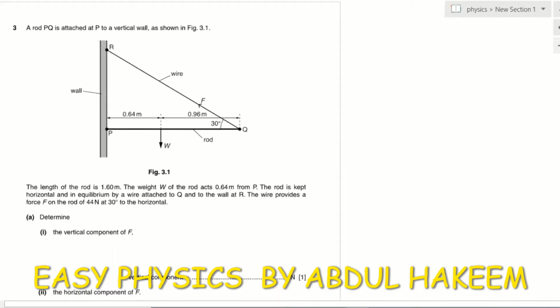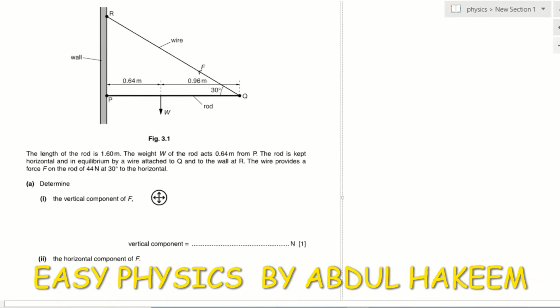So we will write here Fy is equal to F sine theta. F is 44, sine of 30 degrees. So it becomes 22 Newton. Then the horizontal component, Fx, is equal to F cos theta.